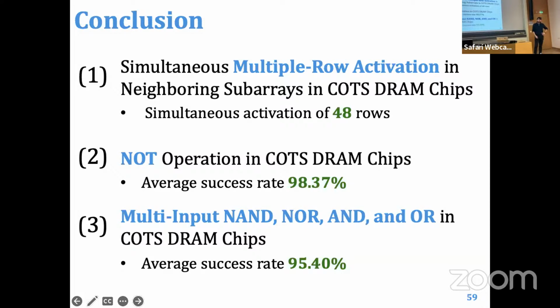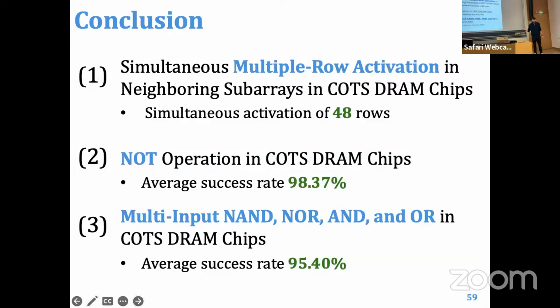So in that case, it would be safe from retention concerns, or I mean, leakage concerns of these rows, because the reference value has to be quite accurate for you to perform good reliable computation. Yes, there are issues with robustness, obviously, because the average is more than 98 and more than 94. It's not 100%. So the fact that you copy the row, I don't think has anything to do with the mechanism.